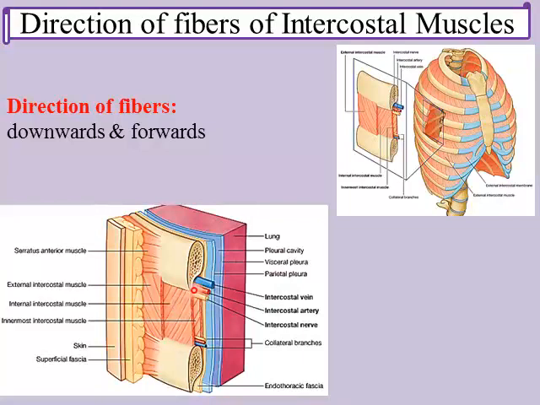So their action is opposite to the action of the external intercostal. They will help in expiration, not inspiration. They will depress the ribs, and this is used in expiration.